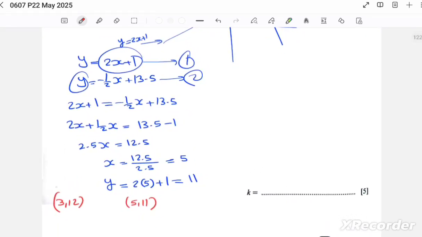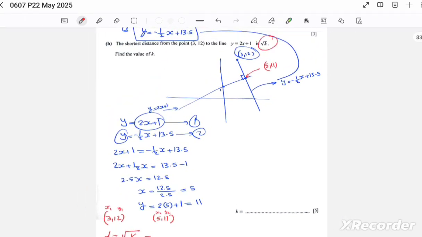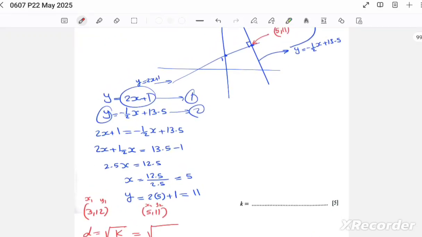So this one is x1, y1, this one is x2, y2, and the distance, which is the square root of k as given in the question, equals the square root of (x1 minus x2) squared plus (y1 minus y2) squared.